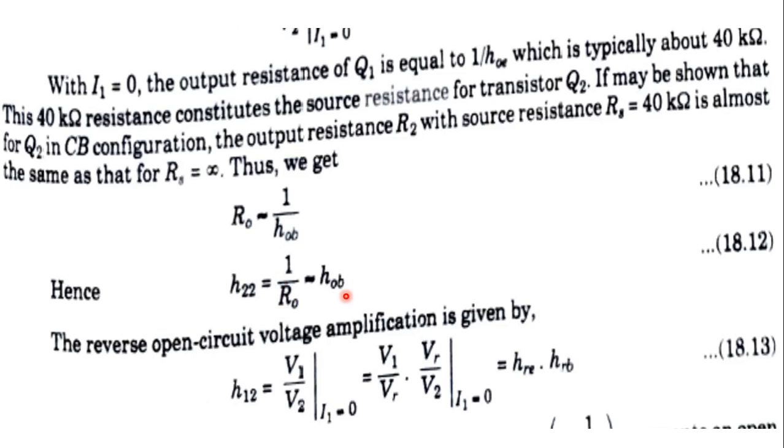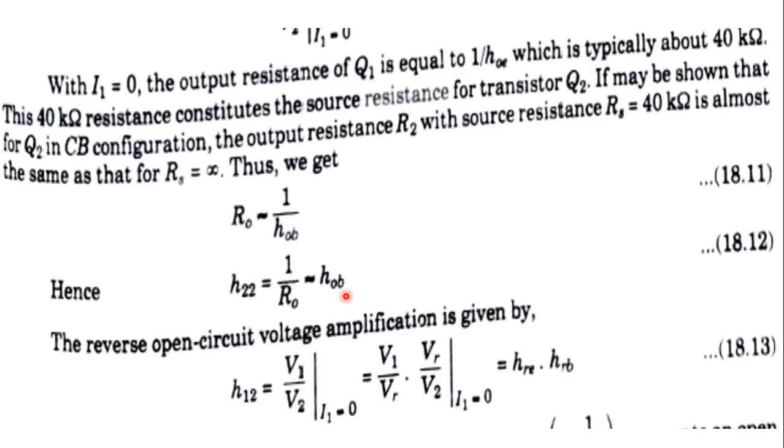So try to recall these different H parameters and the characteristics of common base and common emitter transistors from your earlier subjects. Here they have not gone into much depth, but rather they have given the direct equations for all these parameters. Because you are studying this in 7th semester, it is assumed that you are aware of the earlier concepts.